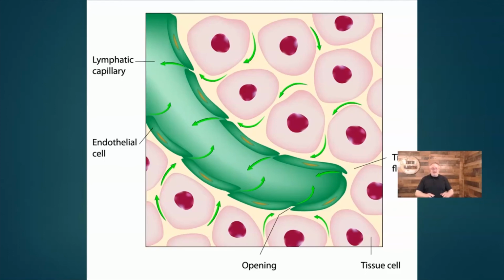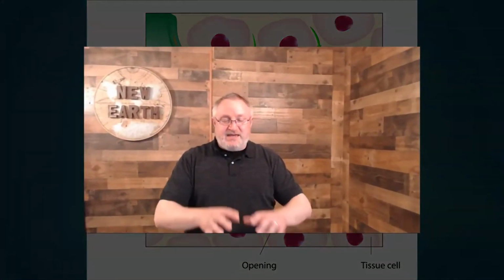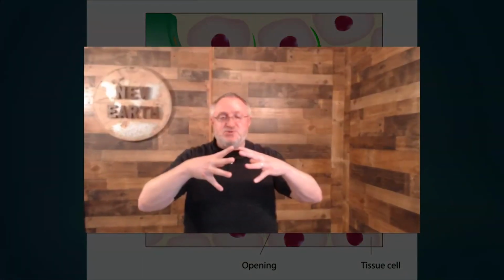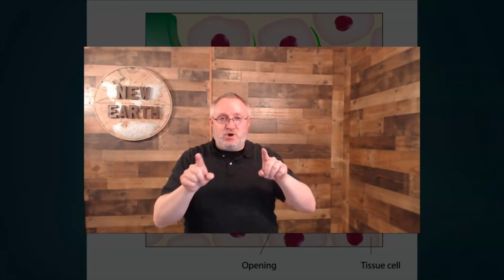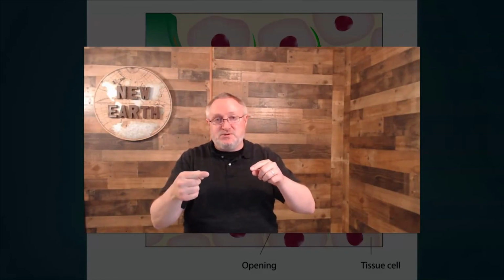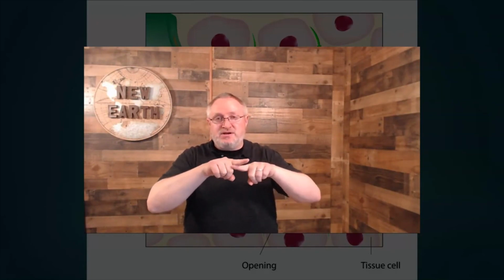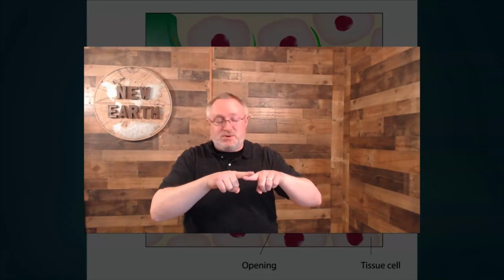So as the space within there starts to expand out because there's more fluid, those valves will open up wider because they're actually wired to and tethered to those collagen fibers that are running across, and fascia is what we call it.